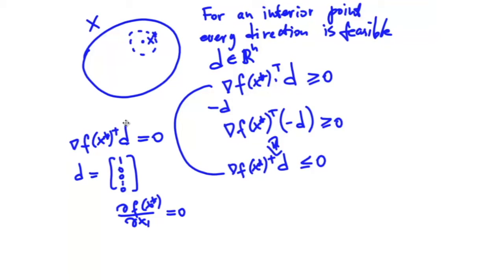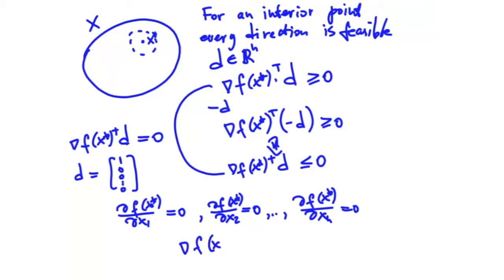Similarly, if I take vector d where the second component is equal to 1 and the rest are zeros, I can show that df at x star over dx2, the second component of the gradient vector, is also 0, and so on. We can show that all the components of the gradient vector are in fact zeros. Therefore, the gradient of f at x star must be equal to 0 in this case.